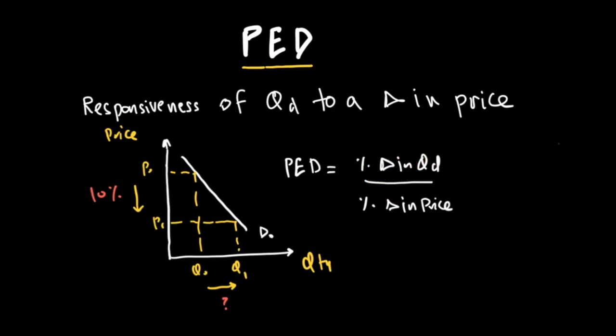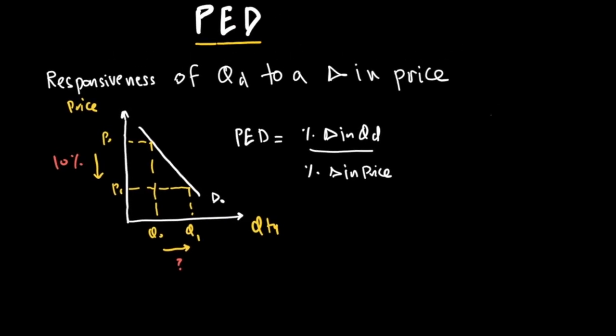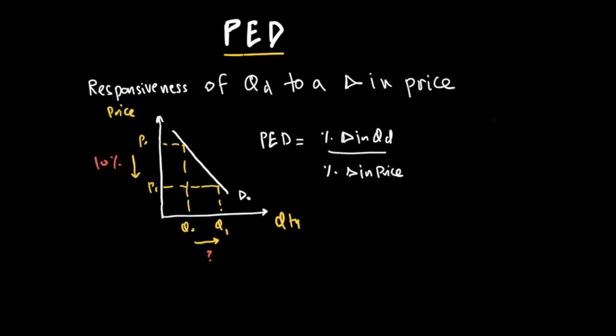Now, one thing to remember here is that when the price goes down, normally we see the quantity demanded go up. And that's why the PED value is always going to be negative. Why? Because of the inverse relationship between price and quantity. When the price goes down, quantity demanded will go up, and vice versa.